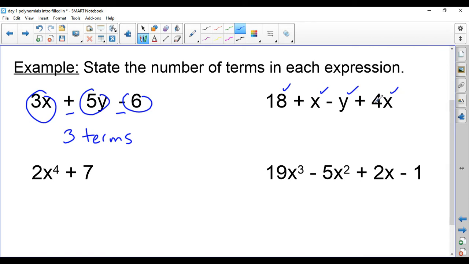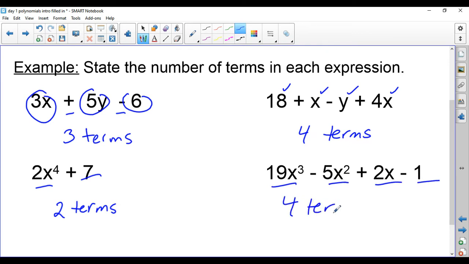I have 1, 2, 3, 4 terms. 2x to the fourth plus 7. I have 1, 2 things that are separated by the addition. This has 2 terms. Here I have 1, 2, 3, 4 terms. So we just look at how many things are separated by the addition and subtraction symbols.